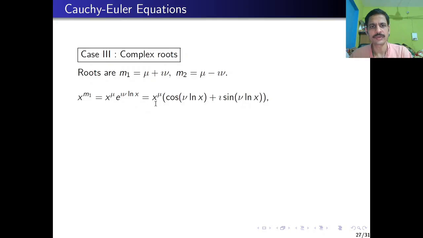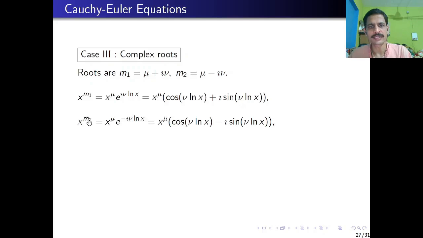So this is equal to x raised to mu times (cos(nu ln x) plus iota sin(nu ln x)). This we obtained using the Euler identity.